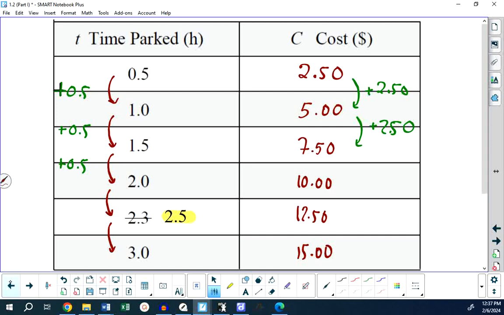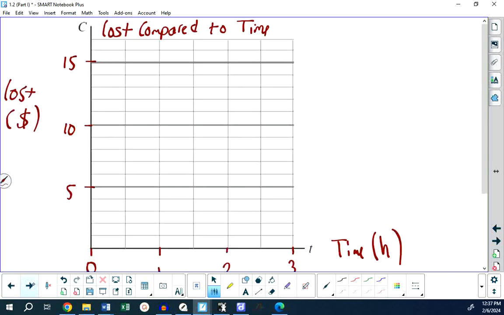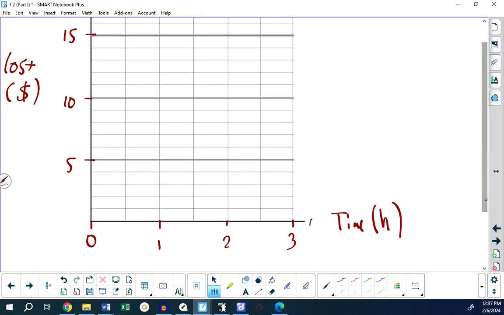And that means, and I talked about this yesterday briefly, you don't need to plot all the points. For example, in your table, everybody, for time, you have 0.5 hours, and for the cost, you have $2.50, right?